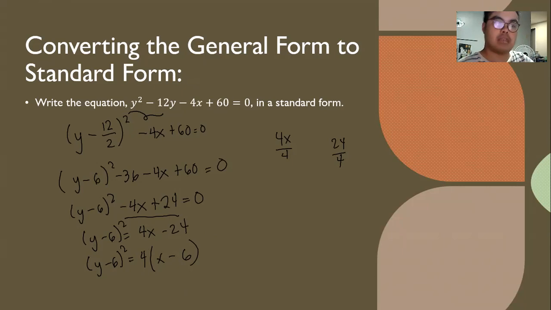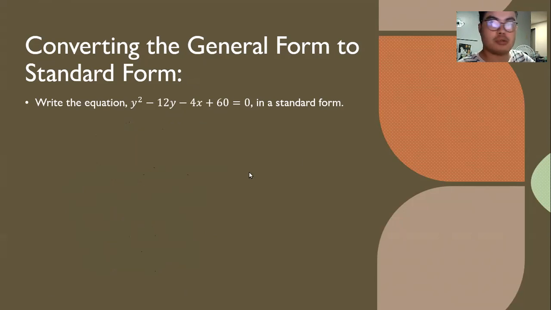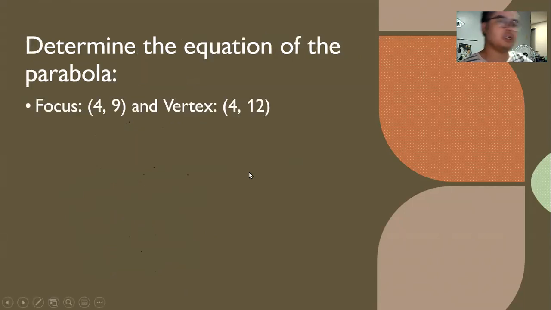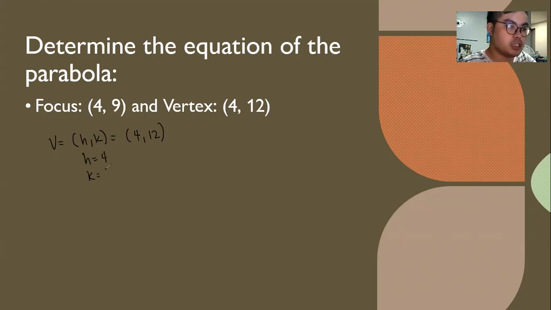Now we're going to determine the equation based on the given parts. We have the focus and the vertex. The vertex is equal to (h, k), where h is 4 and k is 12.